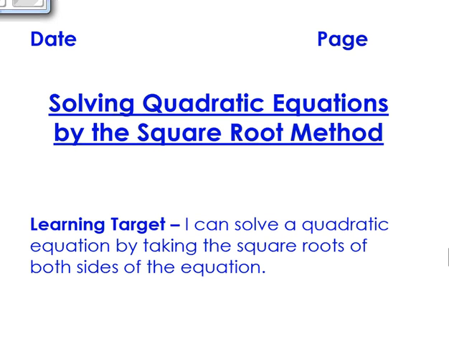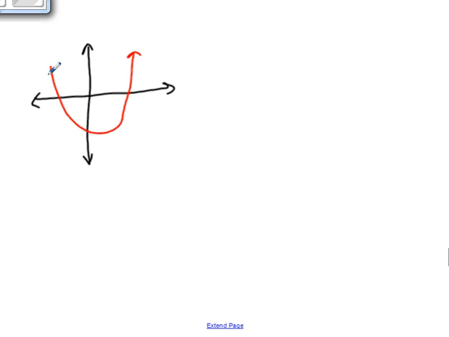So if I'm looking at a graph of a quadratic, and I'm looking at this parabola, what I'm actually looking for when I talk about solving a quadratic are these 2 points right here, which if you remember, those are called your x-intercepts.